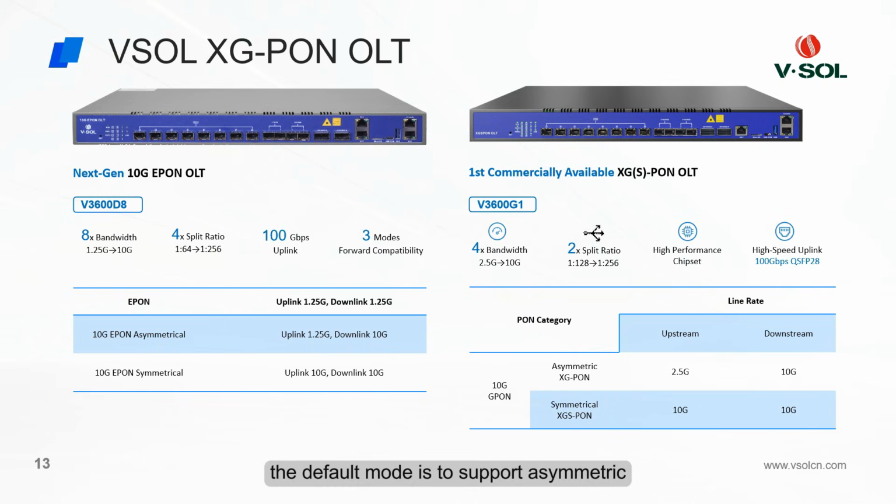The default mode is to support asymmetric XGPON uplink 2.5 Gbps, downlink 10 Gbps, and symmetric XGPON uplink and downlink at 10 Gbps simultaneously. You can also switch to GPON mode by command, and after switching, only GPON ONU can be accessed.